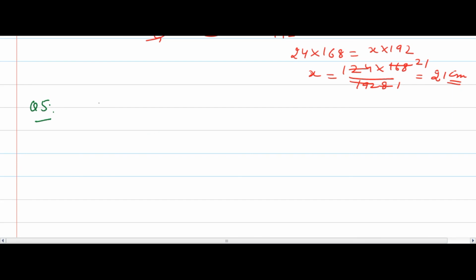Here we have to find out the mean proportion. For this we will take up part second of it, 1.8 and 0.2. We have to find out the mean proportion between 1.8 and 0.2.